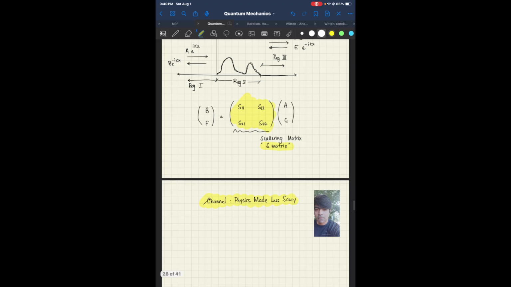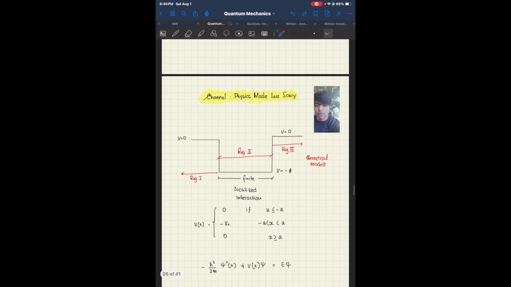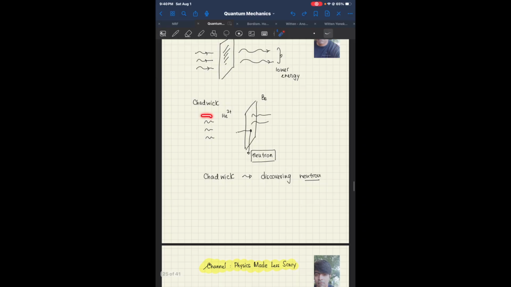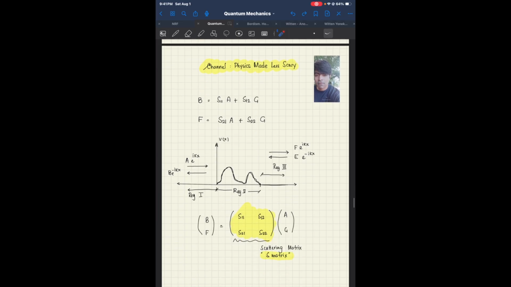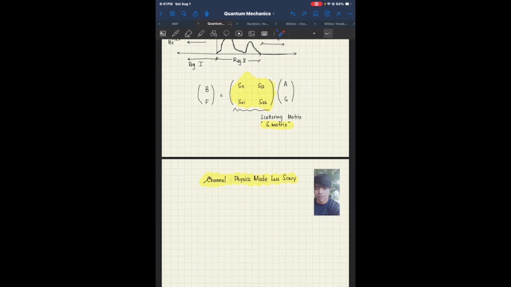Given incident beams like this, and given how they are measured by some observers at infinity, you will be asked to calculate this guy, because this is what you have access to. This is what you need to figure out, exactly as historically people have tried to figure out from here. You have access to this, you have access to this, and you want to know something about this in the middle. This is exactly what people have done for the last 120 years.